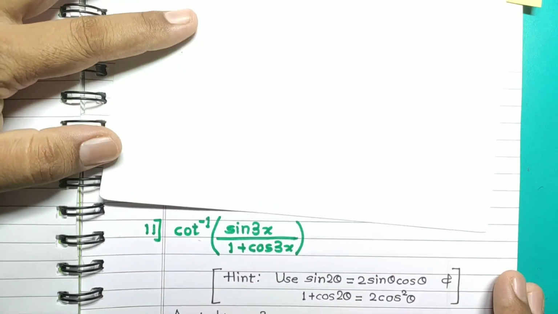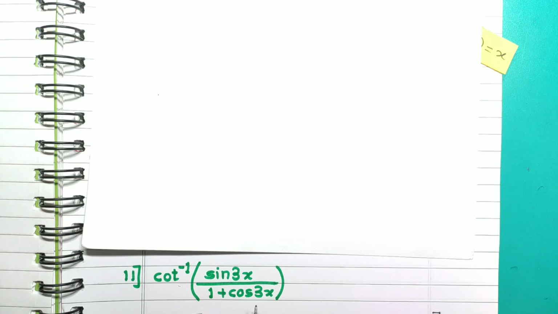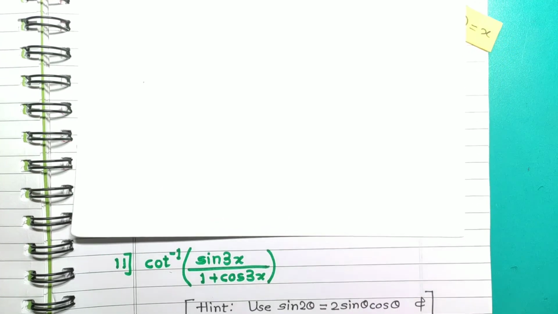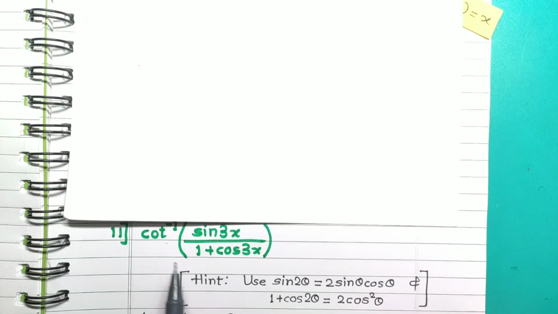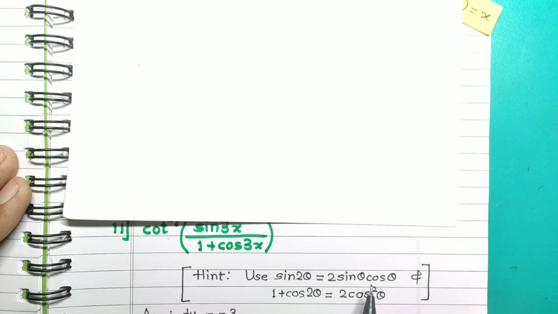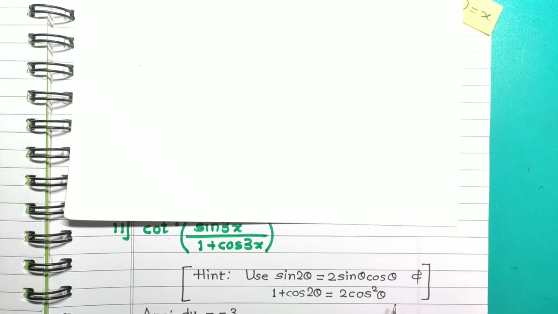Then the next example is cot inverse of sin 3x upon 1 plus cos 3x. Again here you use this hint to solve this example. Use sin 2 theta is equal to 2 sin theta cos theta, and 1 plus cos 2 theta we can convert to 2 cos square theta.